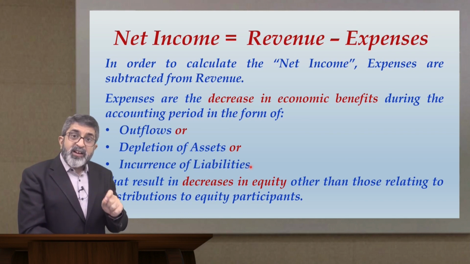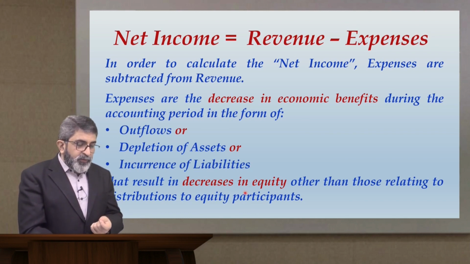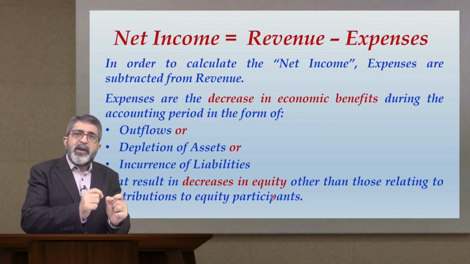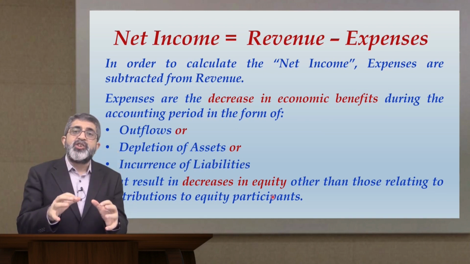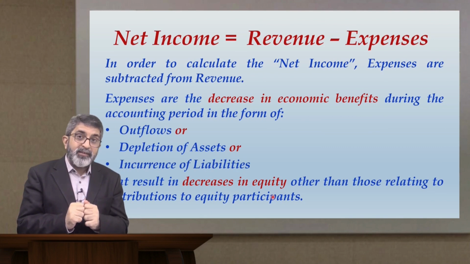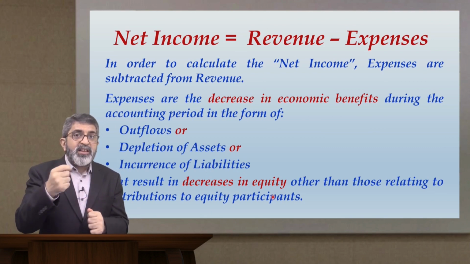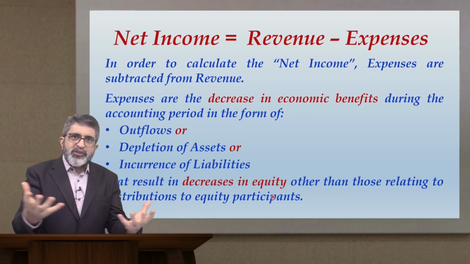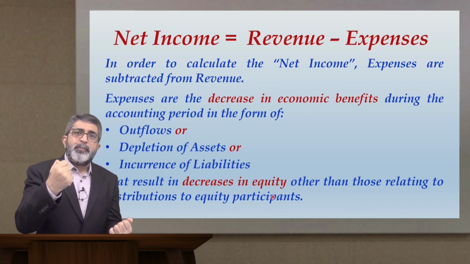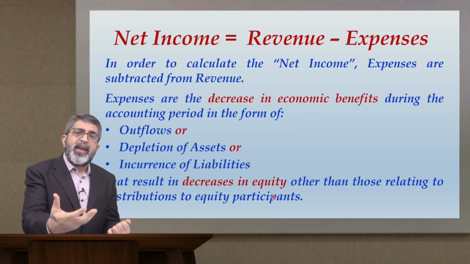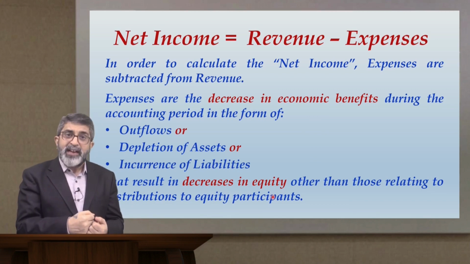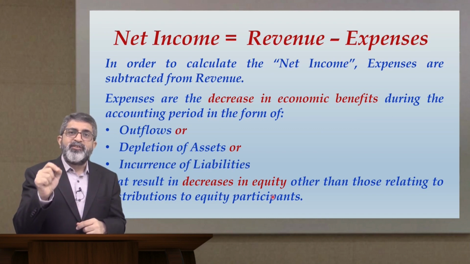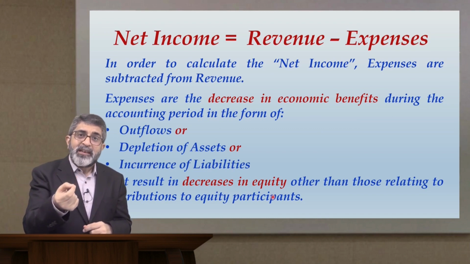Now what is the result of these? Result of this is decrease in equity. So basically when you incur any expenditure, I told you it is causing a reduction in your wealth, but it is other than one particular type of transaction. Suppose I have shareholders and I have made a payment of dividend to my existing shareholders. In that case also my wealth got reduced, right? But I cannot call that distribution of dividend as my expense. Why?